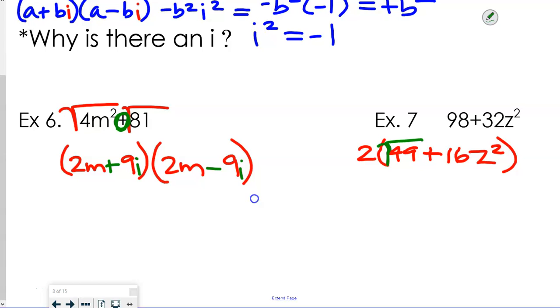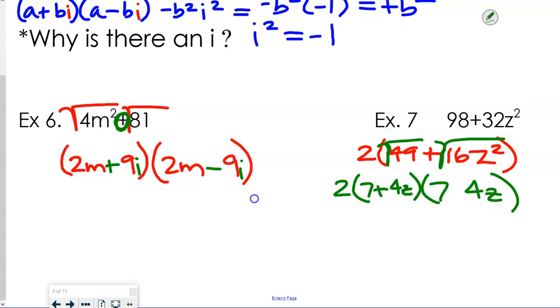The 49 is a perfect square, and so is the 16z squared. So I'm going to bring my 2 down this time. Then I've got 7 and 4z, 7 and 4z. Here again, I've got my plus and my minus. The only difference is because we had a plus right here, we're going to put an i here and an i here.